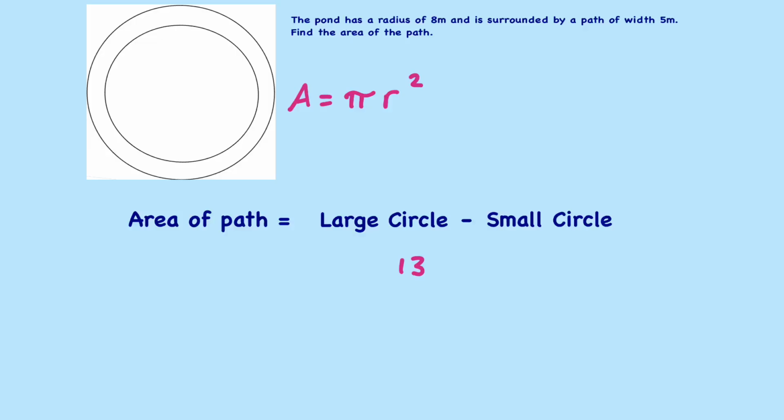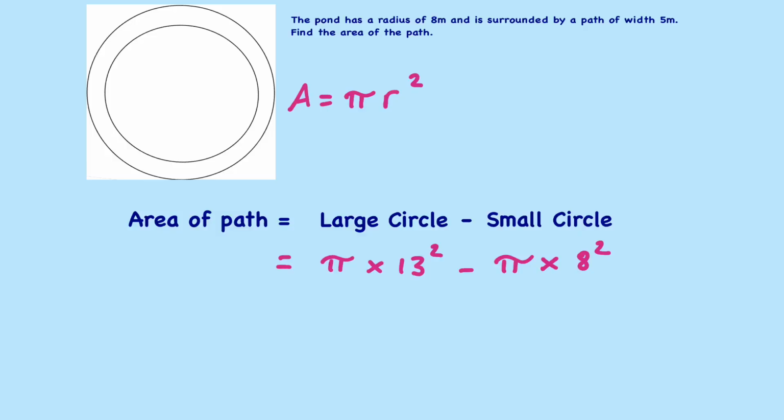And then the small circle, the radius is 8 because that is the radius of the pond. So then we'll have pi multiplied by r squared for the big circle and pi times r squared for the smaller circle.